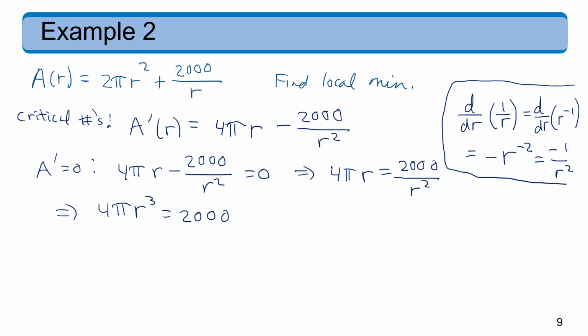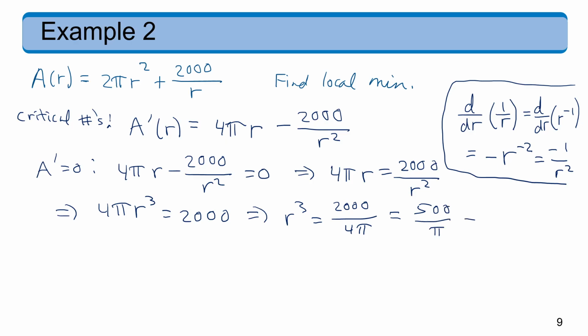We're trying to solve for r, so let's divide by 4 pi next. So r cubed will be 2,000 over 4 pi. Now 4 goes into 2,000, 500 times, I think. Okay, so that becomes 500 over pi.